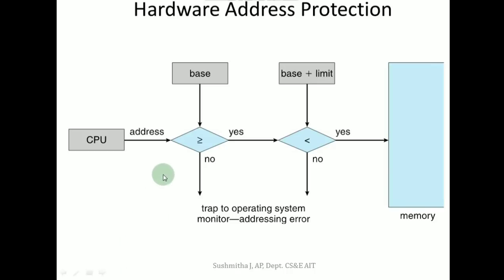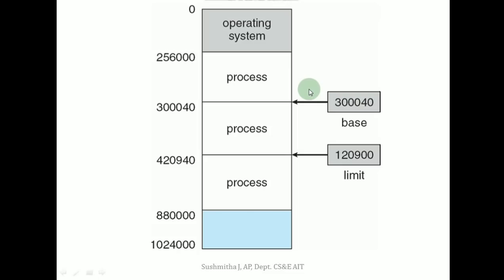To represent the same in the hardware, you can see here. Every time the CPU generates an address, it is checked whether it is greater than the base address, but it should be less than the base plus the limit. Every operation coming should be greater than or equal to the base.